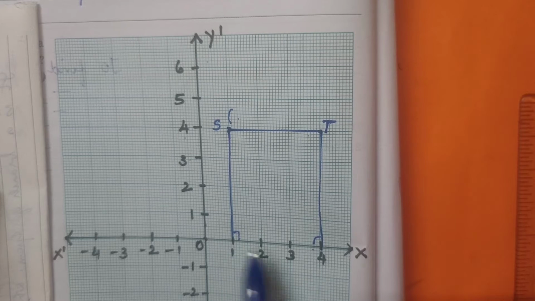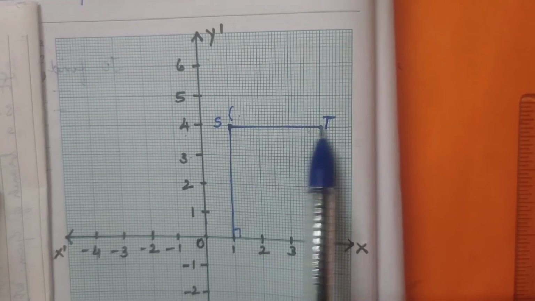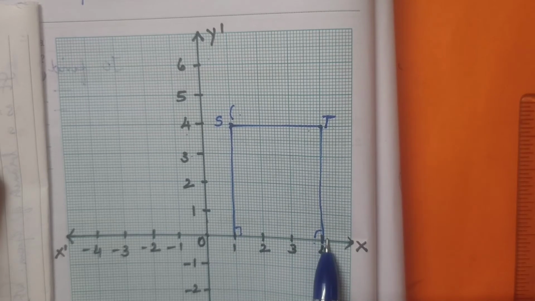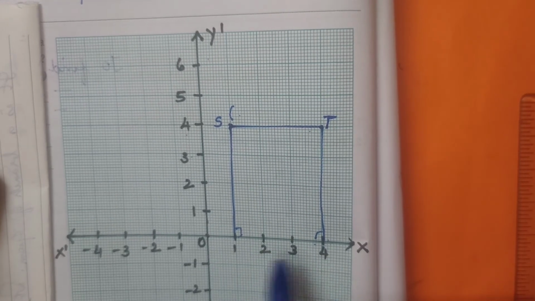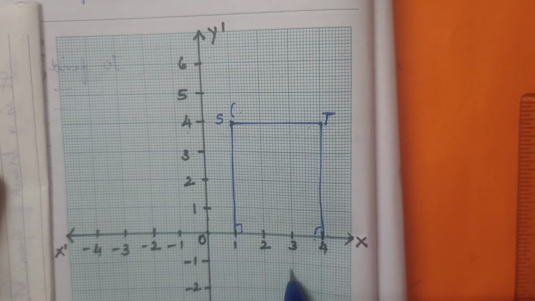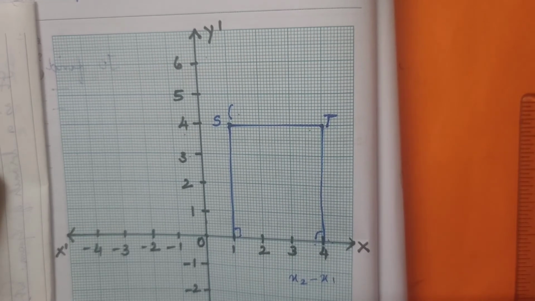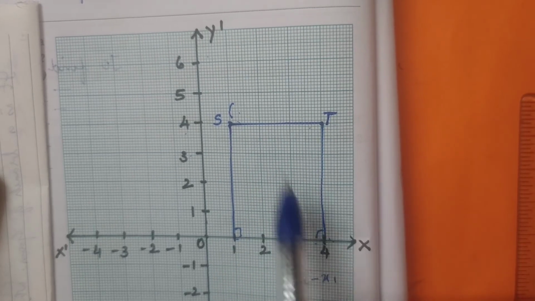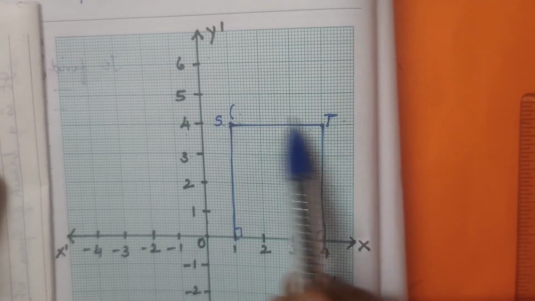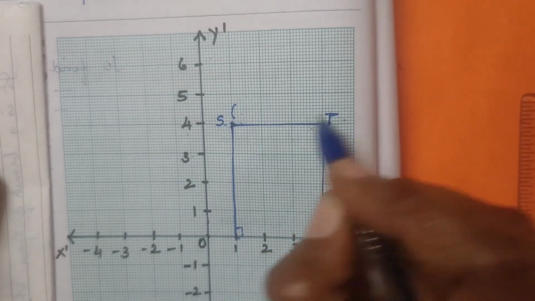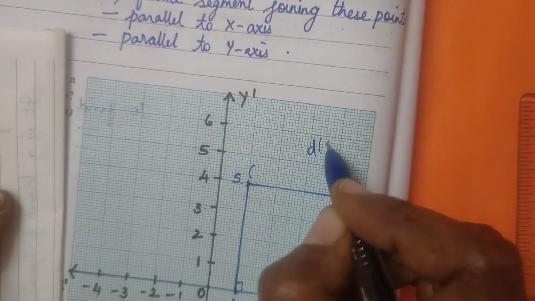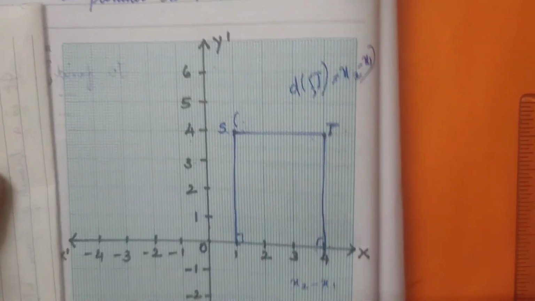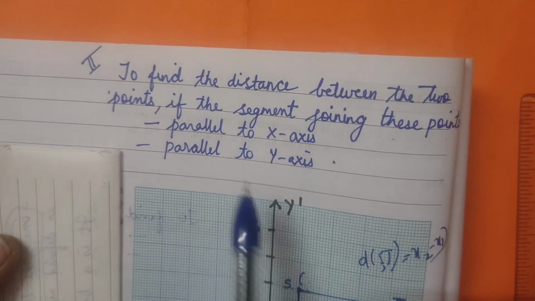Now, is this ST parallel to this segment or not? Yes. So what did we learn when it is on the x-axis? We have learned that the formula is x2 minus x1. So the same formula as it is, this side is equal to this side. So the distance of ST is also x2 minus x1.